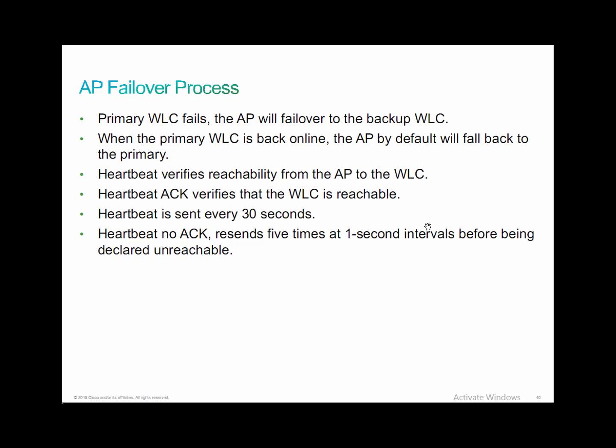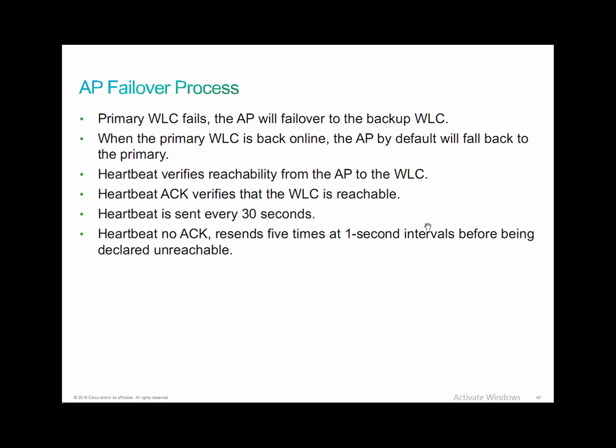The value is between 2 and 5 seconds for the retransmit interval. And again, 3 is the default. For the heartbeat, it's a 1 to 30 second timeout period. So 30 is the max that you can establish. What's the benefit of using a smaller value? Well, if you use a smaller value, that's going to allow the AP to discover unreachable controllers faster, but you're going to get an increase in administrative traffic, and you're going to use additional bandwidth for that.